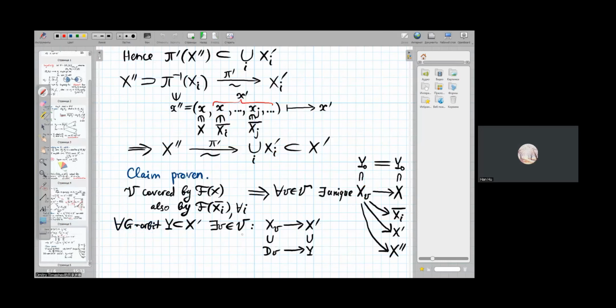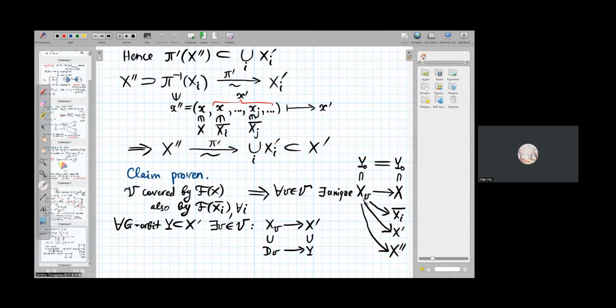So we have this picture. There exists such a vector v, for which the boundary divisor of the elementary embedding maps exactly to the chosen orbit y. But we have already seen that for any v, and for this v in particular, we have a map from xv to x double prime, which agrees with the map to x prime. So this map from xv to x double prime is a diagonal map of this one and this one.